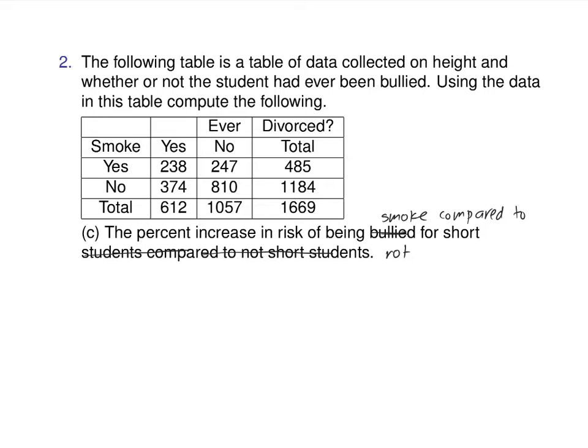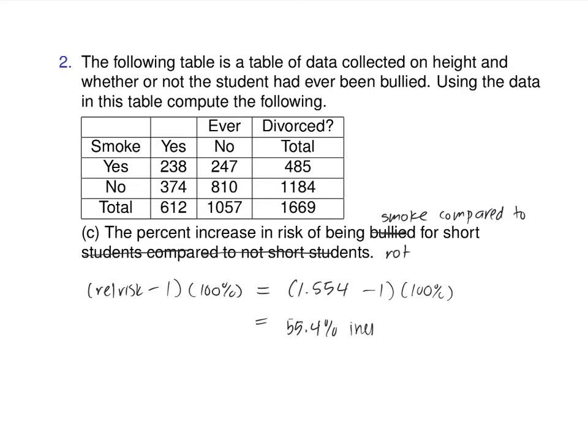What was that formula? Look at that, without a note card. Times 100%, right? Yep. The stuff you memorize without wanting to. 1.554 minus 1 times 100% is a what percent increase? 55.4.